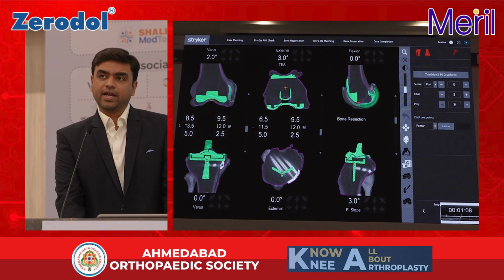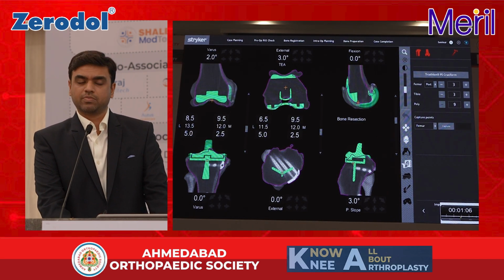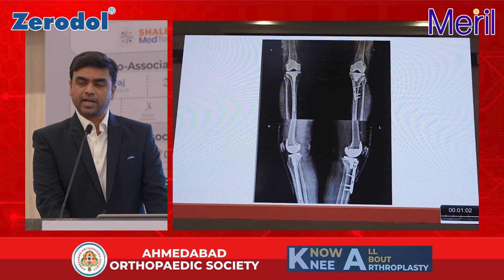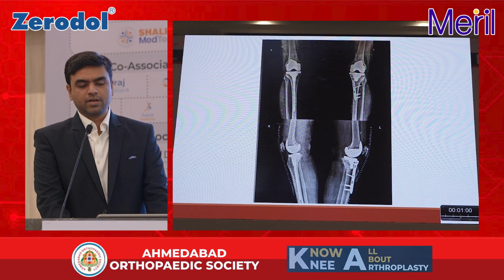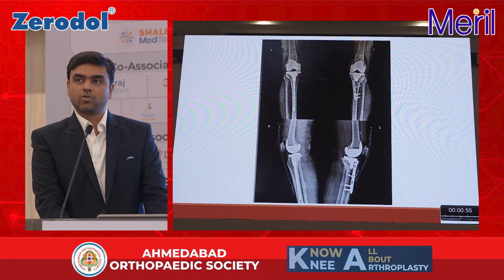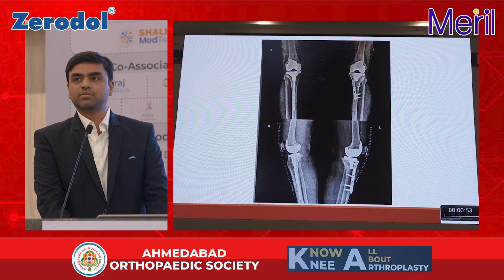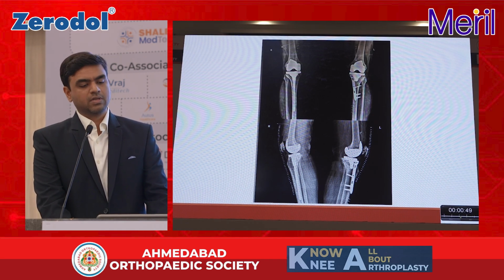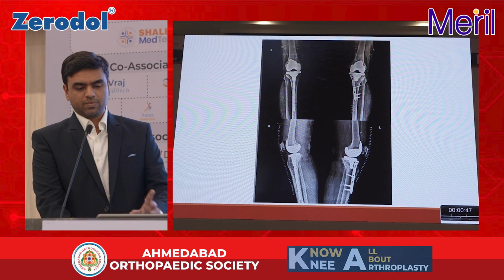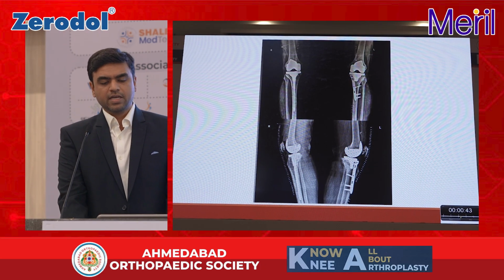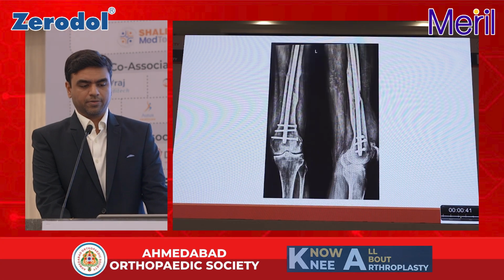Unfortunately, on one side, the screw head could not be removed, so we had to remove the whole plate on one side, and the other side we could do it normally. In this case, where we removed the whole hardware, the patient had long-term synovitis post-surgery, had higher pain scores. We don't know the exact reason, but mainly because of the extensile approach, maybe for removing the plate, the recovery time was a little longer.